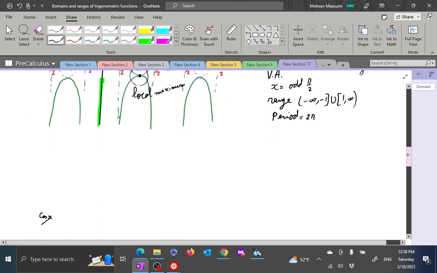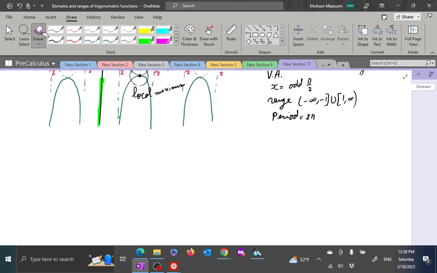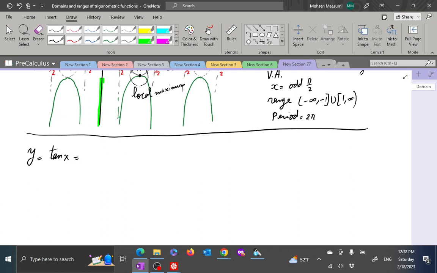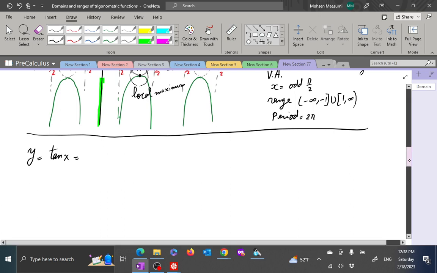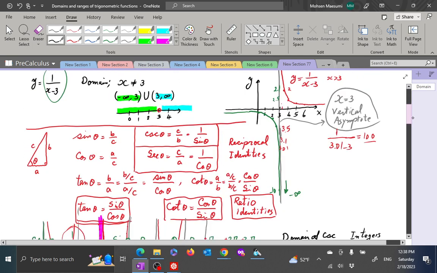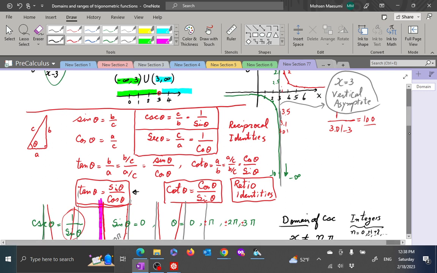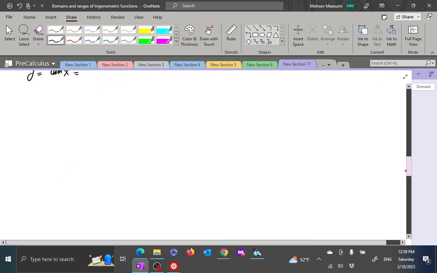Same one. So next up we are going to, how about y is equal to tangent of x? Well, tangent of x, we said we are going to make use of the following identity. Tangent is the ratio of sine over cosine.